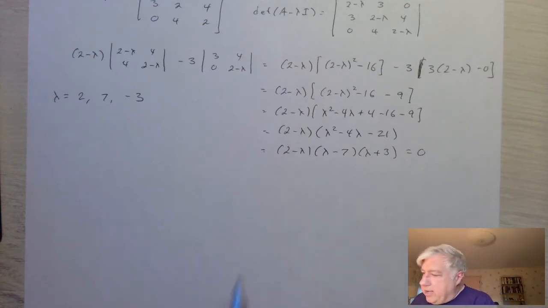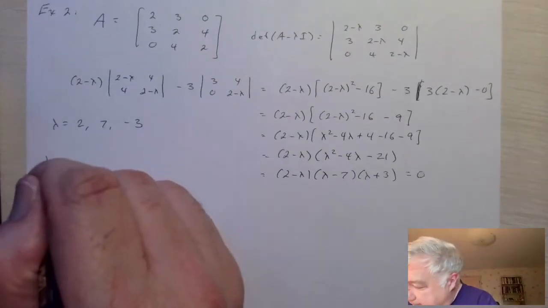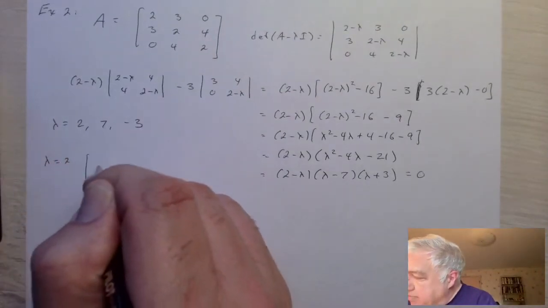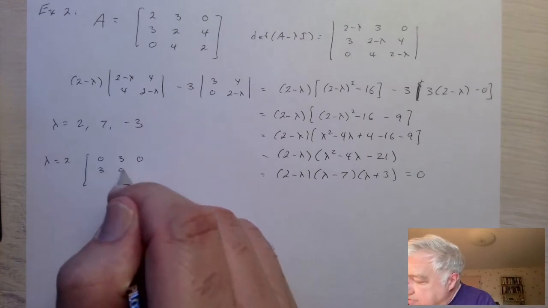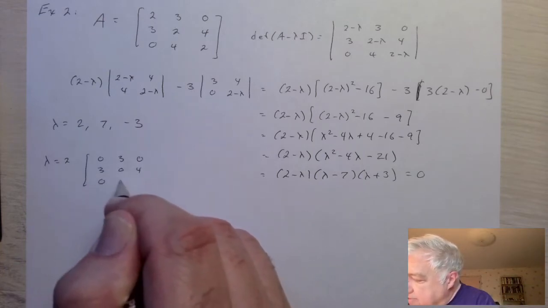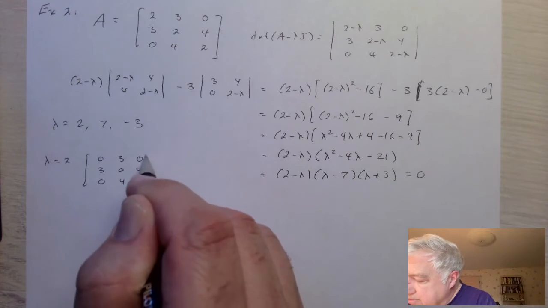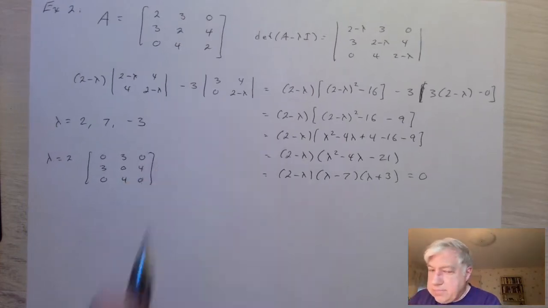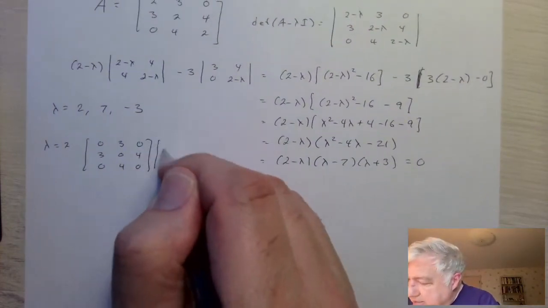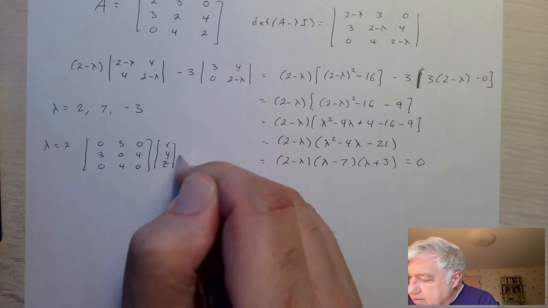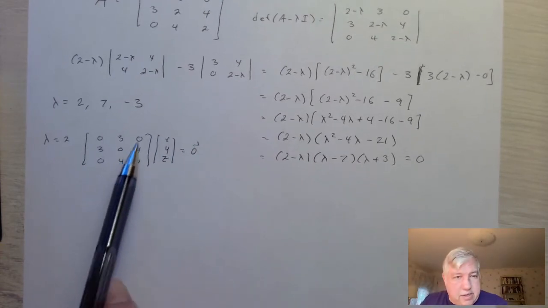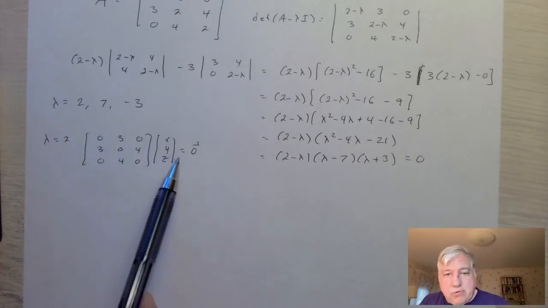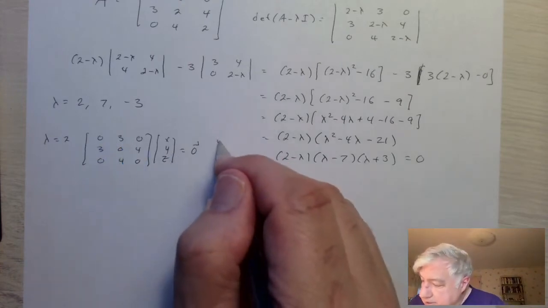If we plug in lambda equals 2, this matrix becomes (0, 3, 0), (3, 0, 4), (0, 4, 0), times (x, y, z), and you want that to be 0. You can see easily that the first row tells us that 3y equals 0, so y has to be 0.